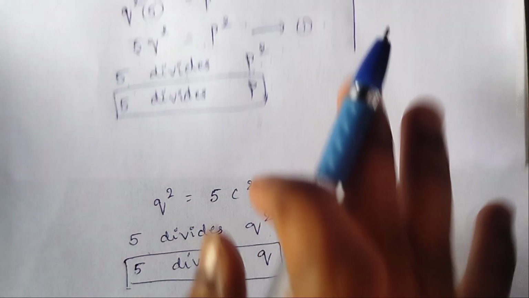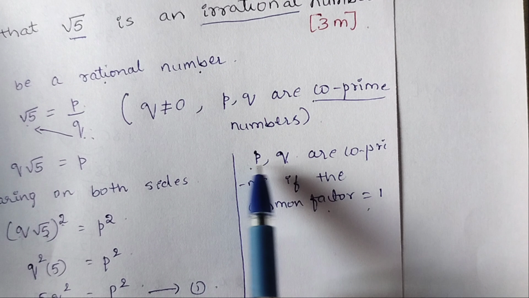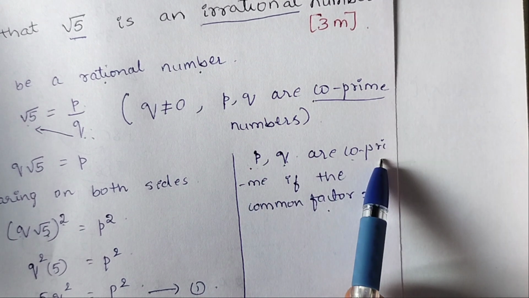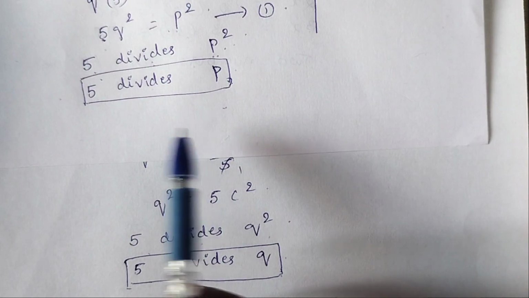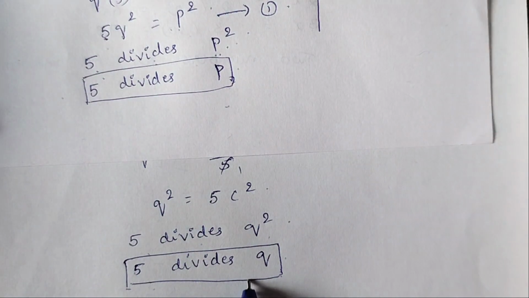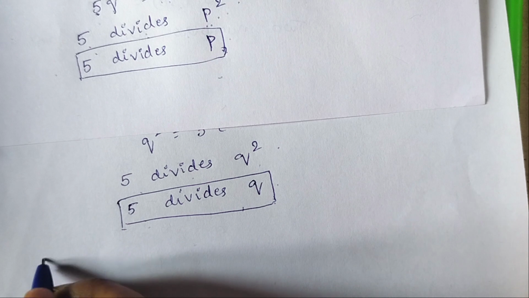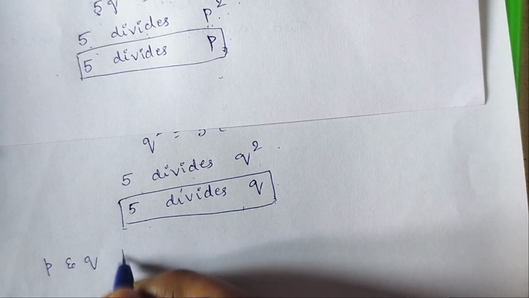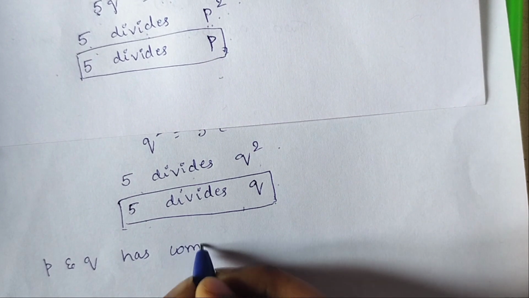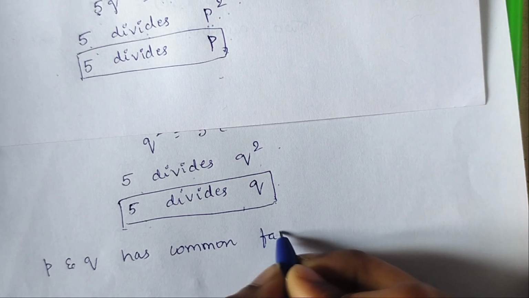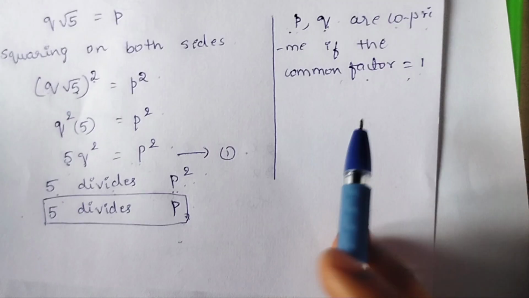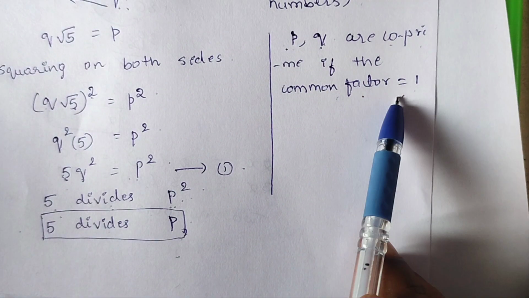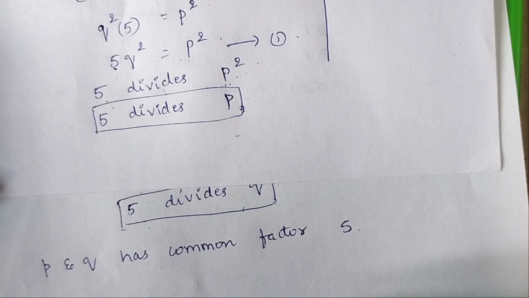But what did we assume in the beginning? We assumed that p and q are co-prime numbers such that the common factor is 1. But here we are arriving at 5 divides p and 5 divides q. This implies that p and q have the common factor 5, but we have assumed that p and q have the common factor 1. So this tells that our assumption is wrong.